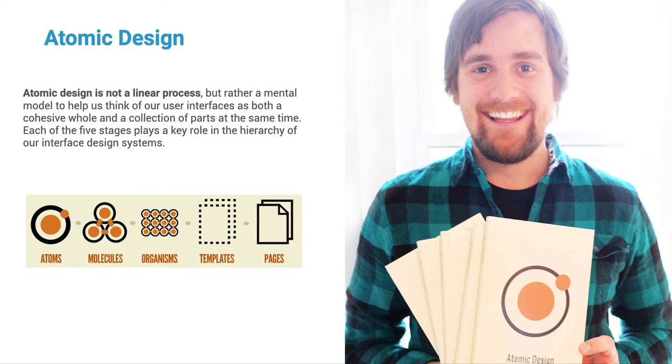He found it was more related to how chemical components are created in chemistry. If you think about water, for example, you know about H2O. It's actually oxygen, hydrogen, and these things. So for him, this was relatable to how a page in a website is built.